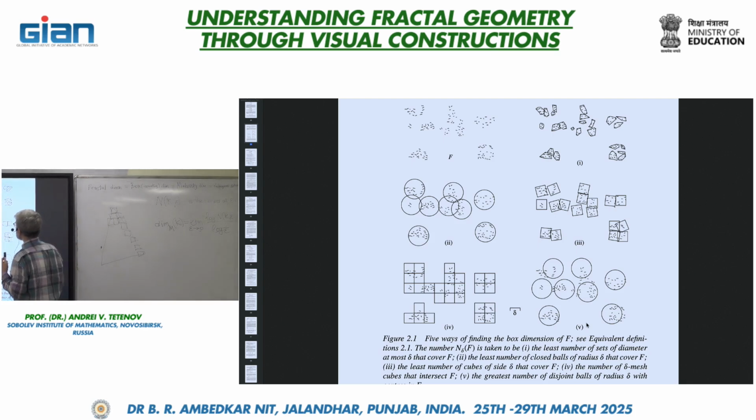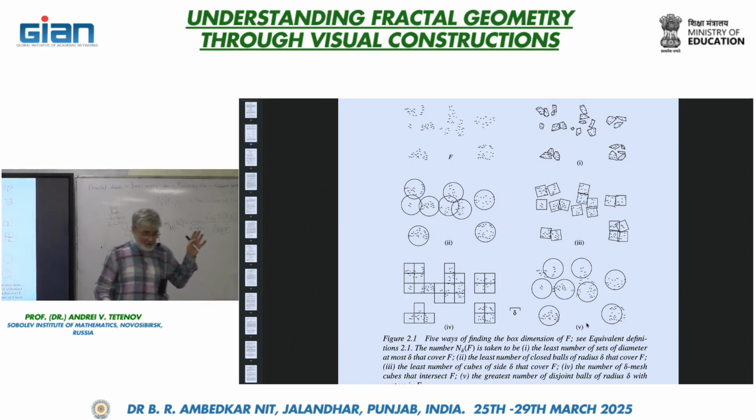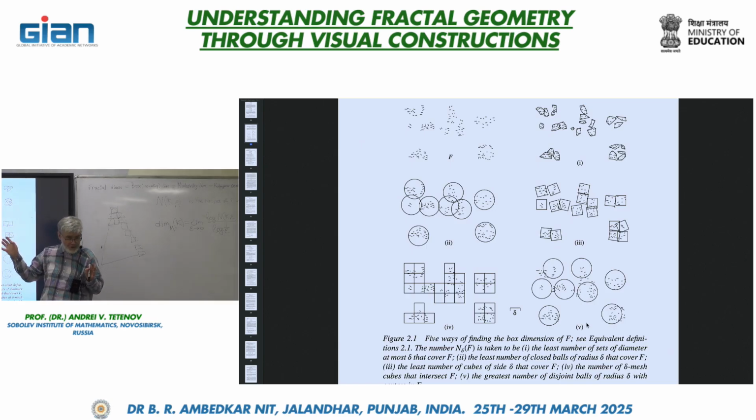Wonderfully, these sets can be replaced by balls: a minimal number of balls of radius epsilon covering K, or a minimal number of boxes which can be placed in different ways covering K, or a minimal number of boxes in a grid, or a minimal number of non-intersecting circles with centers in K. When we pass to the limit, the difference between these numbers involves some linear coefficients.